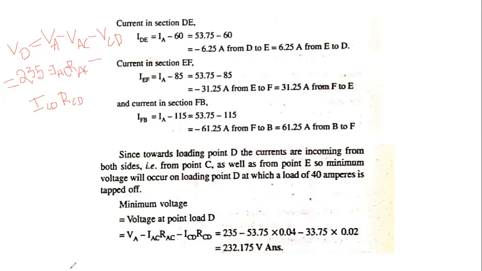This is the minimum voltage that will be obtained at point D. Then we substitute the IAC value and the RAC value in this equation.